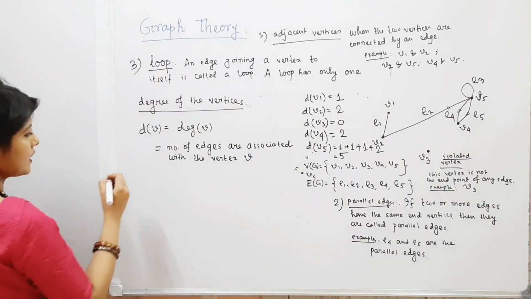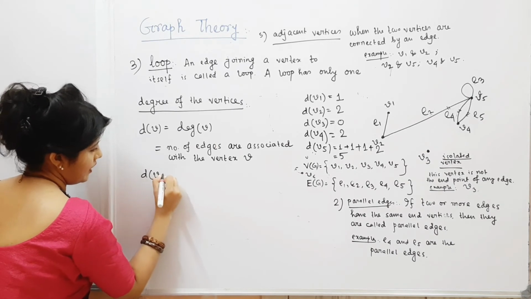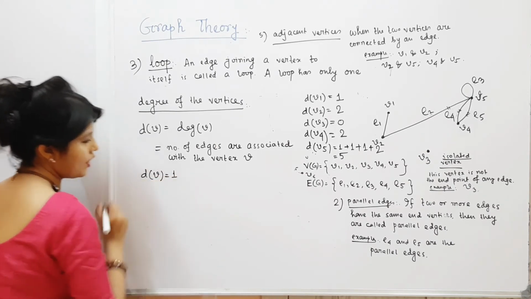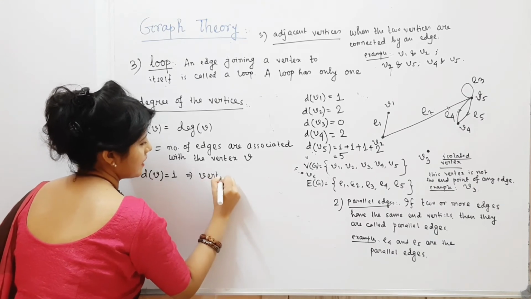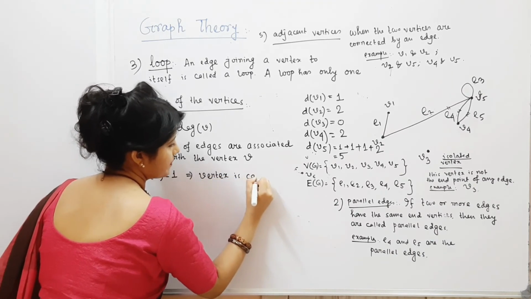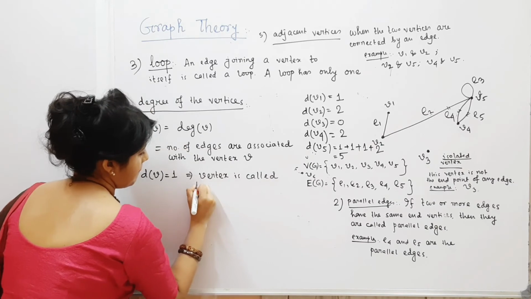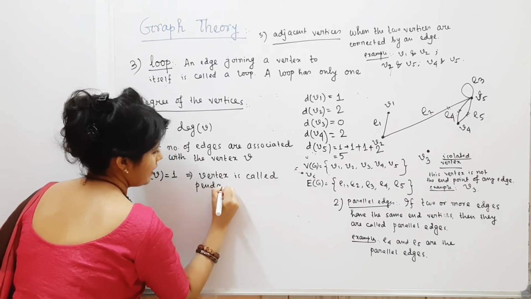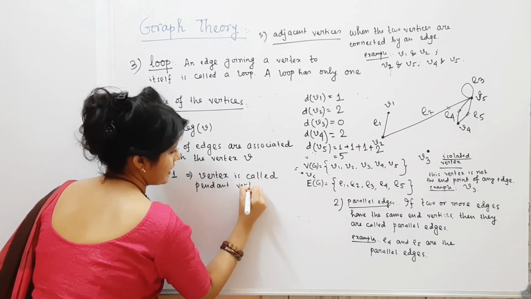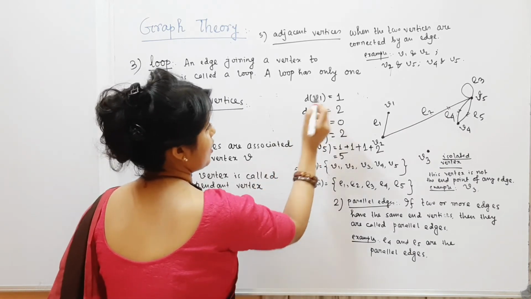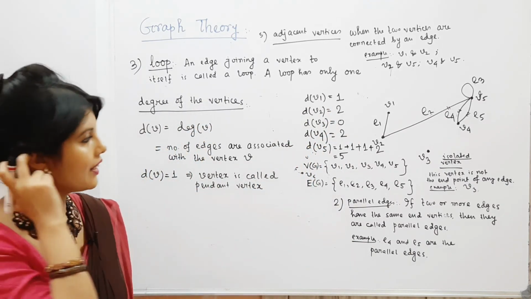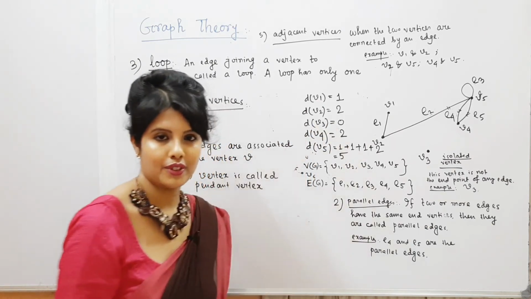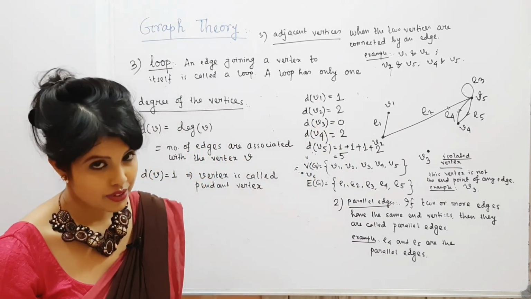Now, another definition is that if the degree of V is 1, then this vertex is called a pendant vertex. That is, the degree of V1 is 1, so it is called a pendant vertex. The degree of V3 is 0, that means V3 is an isolated vertex.